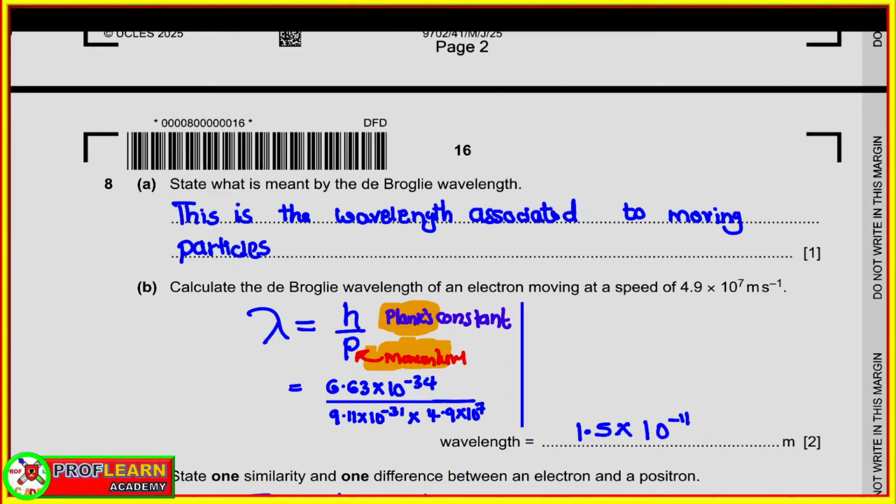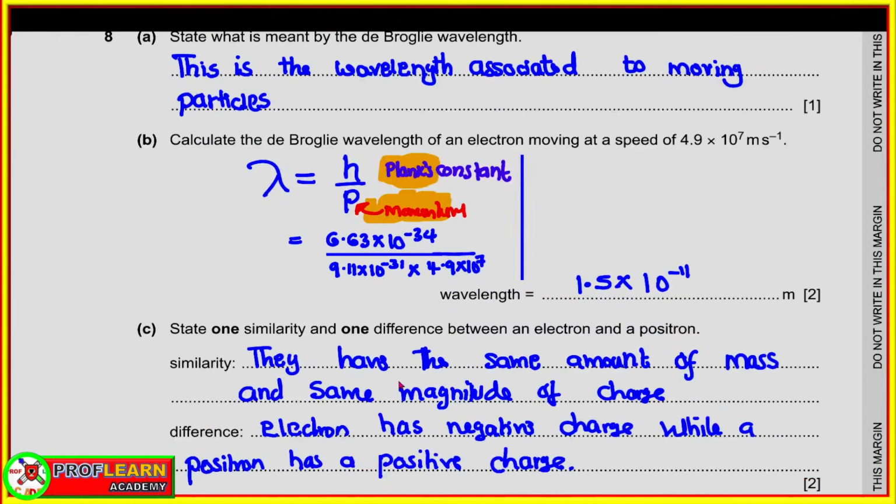At the same time, electrons can be considered as particles. This is what we call the duality nature of electrons. For instance, when diffraction is taking place, that is what we call the wave nature.